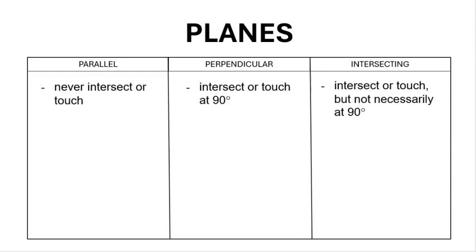Just like with lines, we can also classify planes as parallel, perpendicular, and intersecting. And we're going to use those parallelograms again for these generic planes. So we can kind of think of this as a piece of paper.